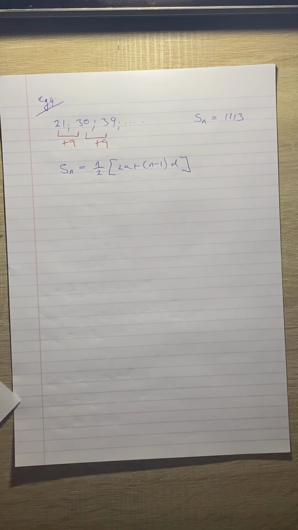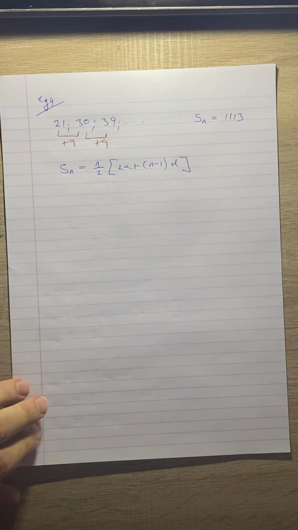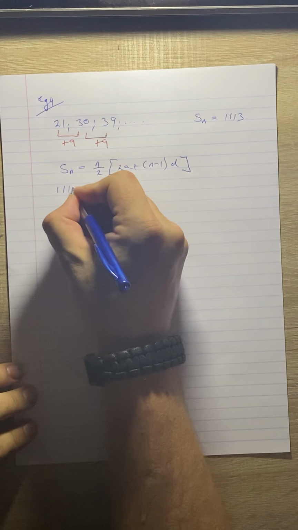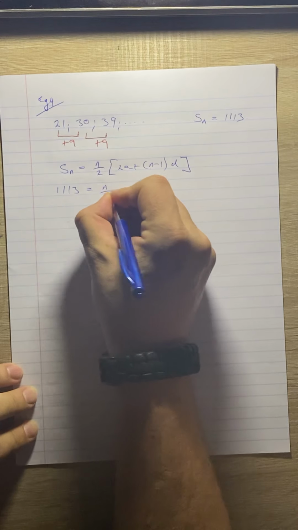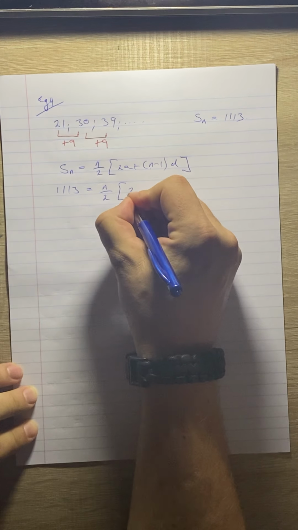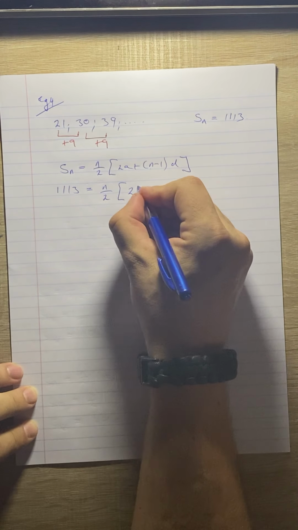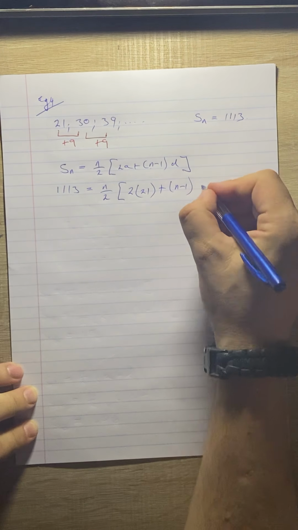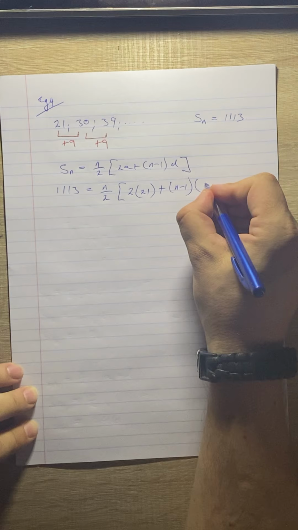Let's substitute in. So we've got here 1113 equals n over 2, 2 times our a, which is 21, plus (n minus 1) times our common difference, which is 9.